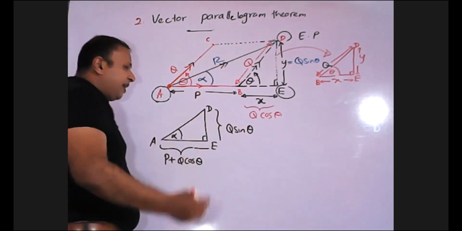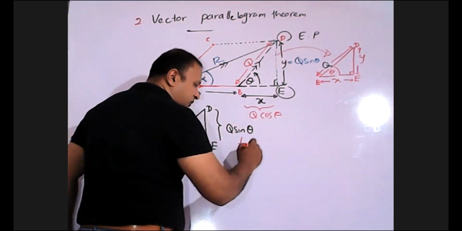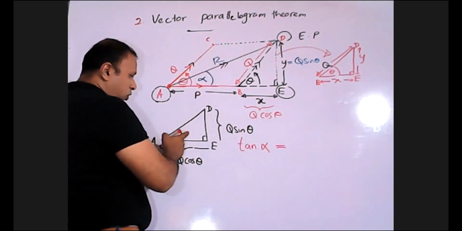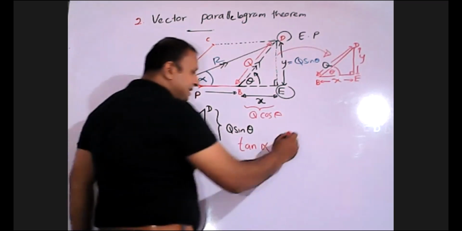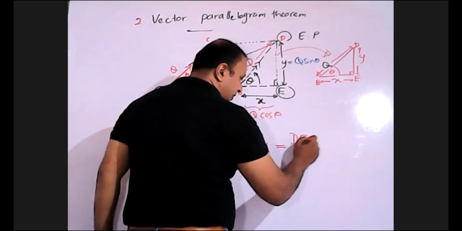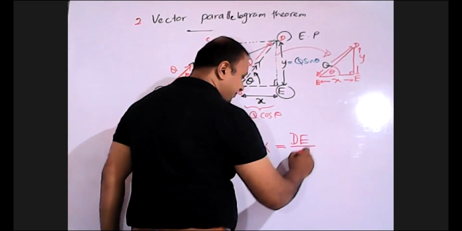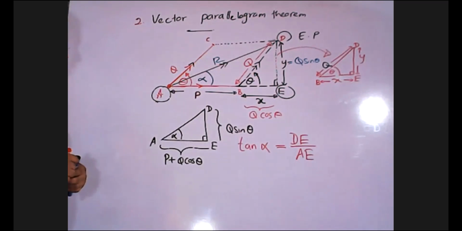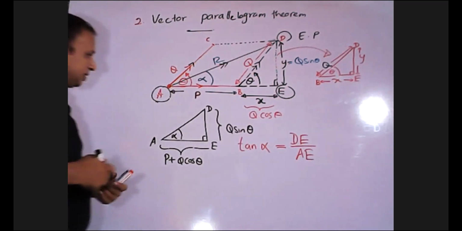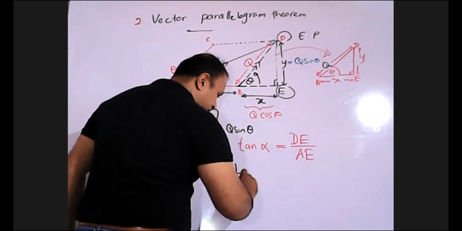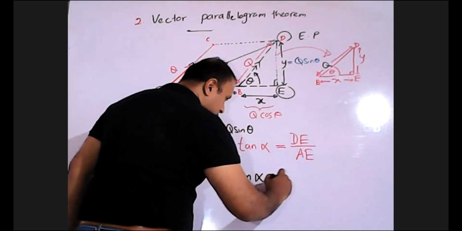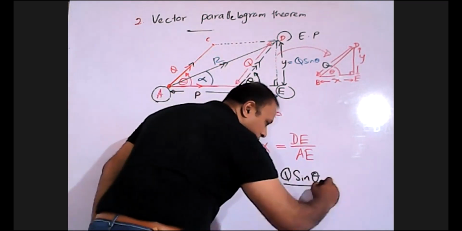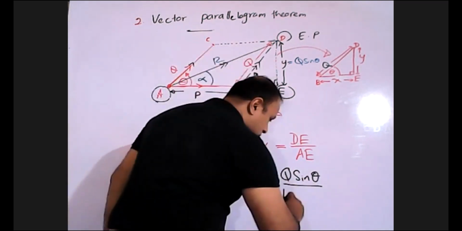Therefore, I can write an equation for tan alpha. Tan alpha is equal to the opposite side, that means DE, over AE, the adjacent side. The opposite side is Q sine theta. Therefore, tan alpha is equal to Q sine theta over P plus Q cos theta.